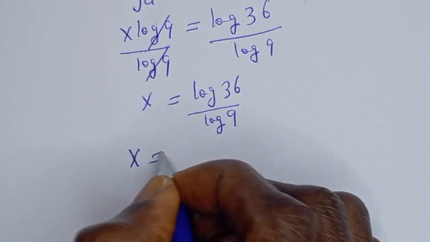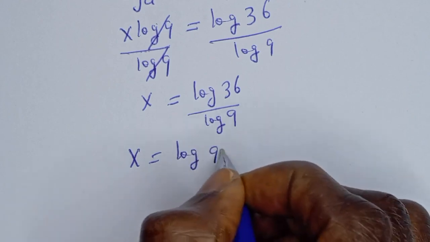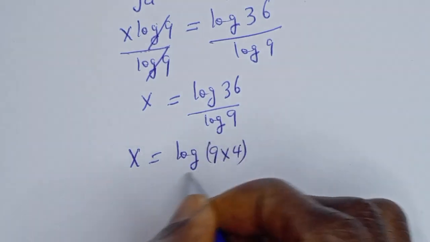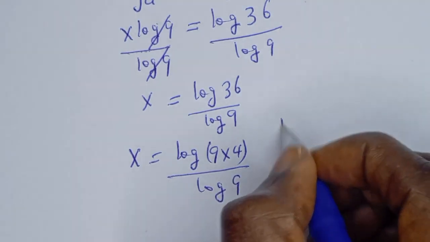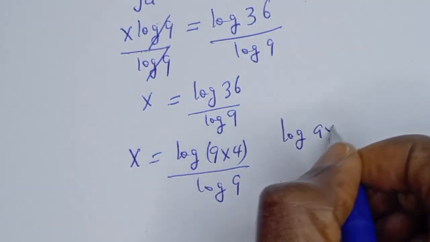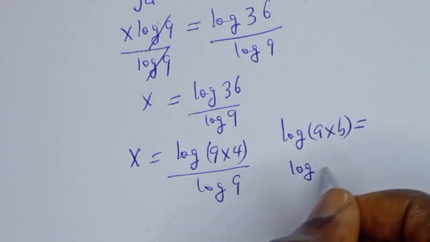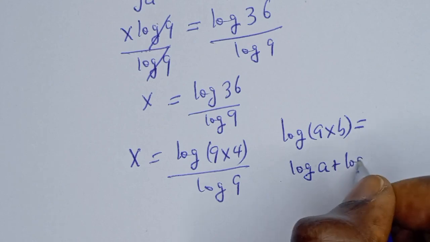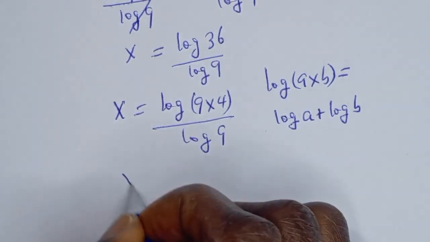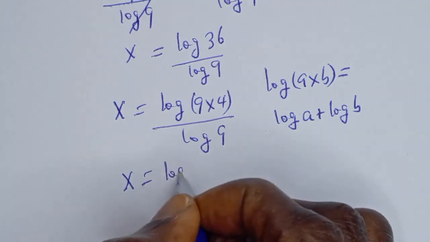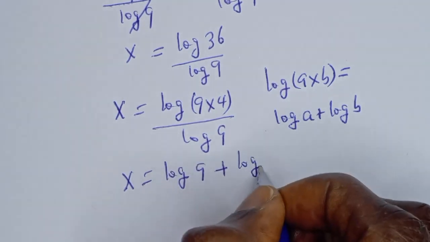Then S is equal to log 36 can be written as log 9 multiplied by 4 divided by this log 9. Take note of this. If you have log A multiplied by B, this is the same thing as log A plus log B. Then this can be written as S is equal to log 9 plus log 4.